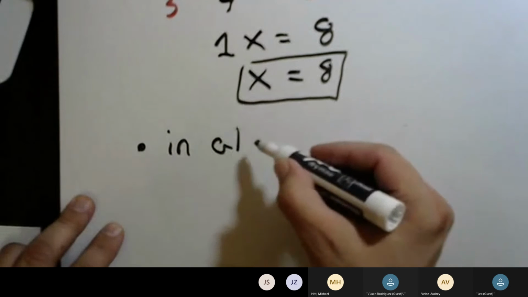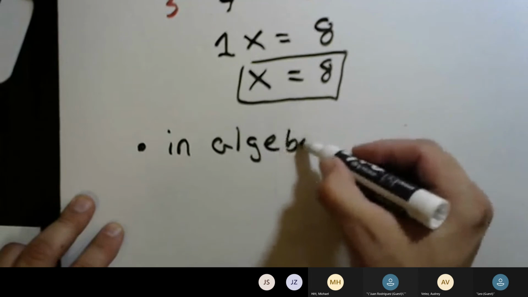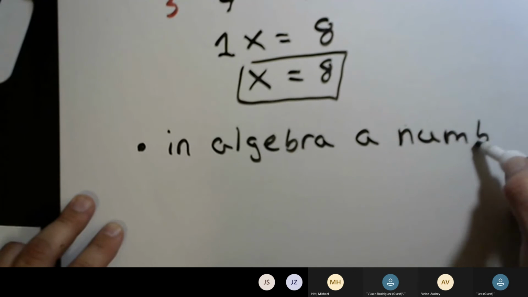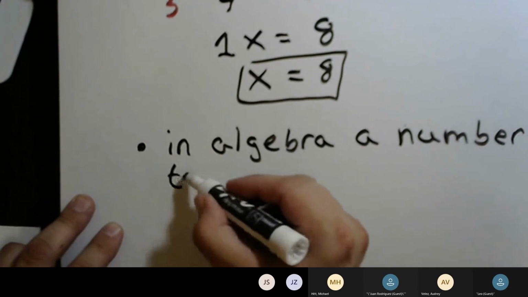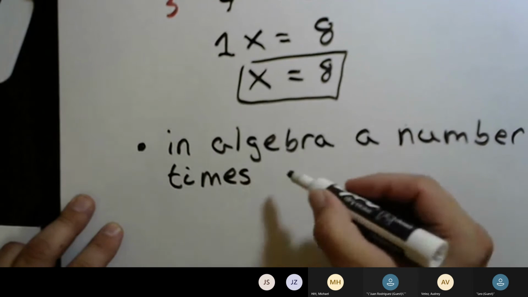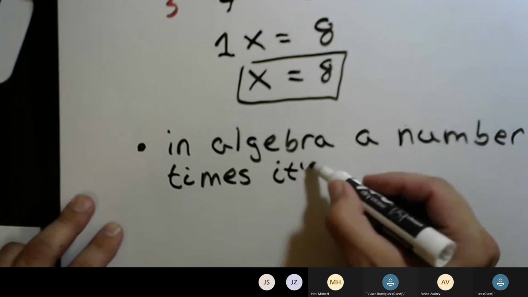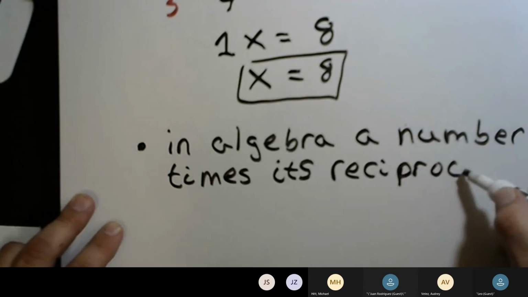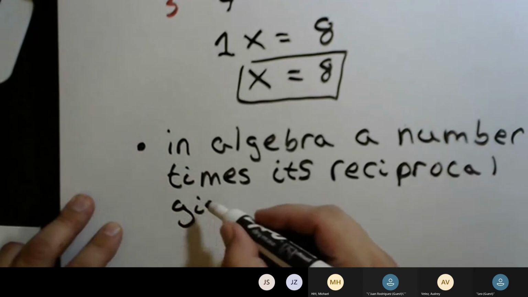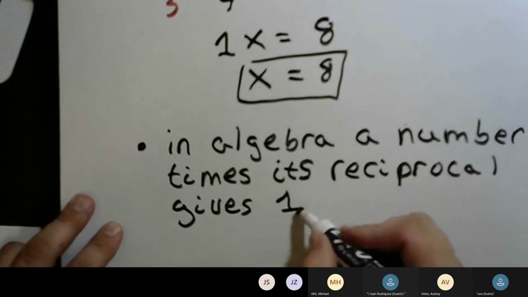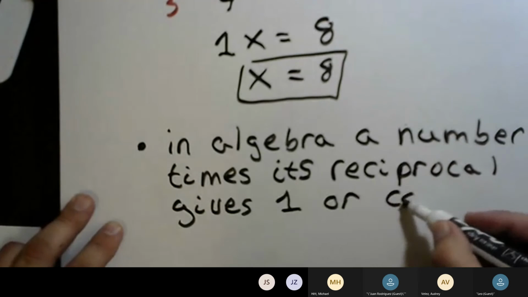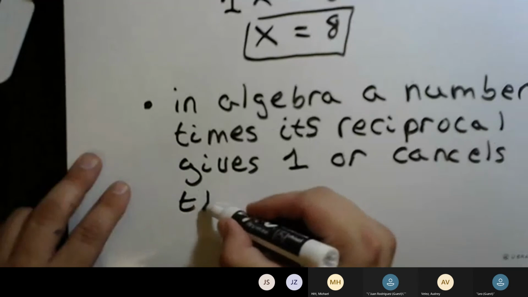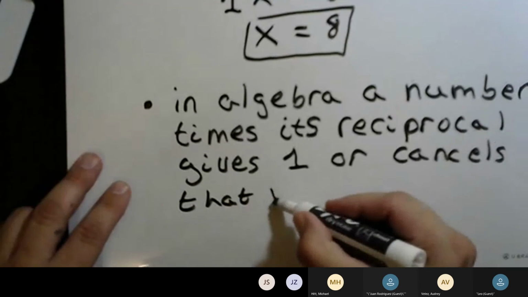So we can make this a kind of shortcut. In algebra, a number times its reciprocal gives 1, or cancels that number.